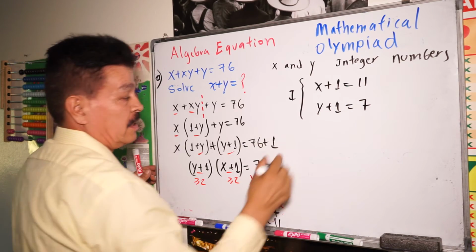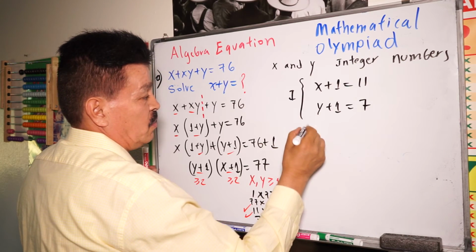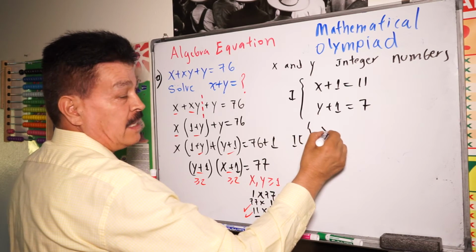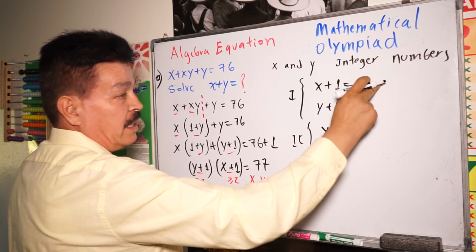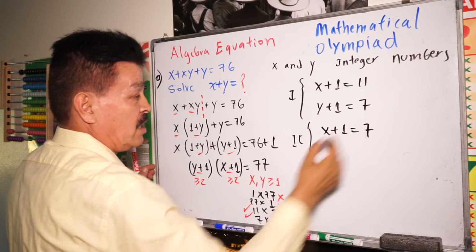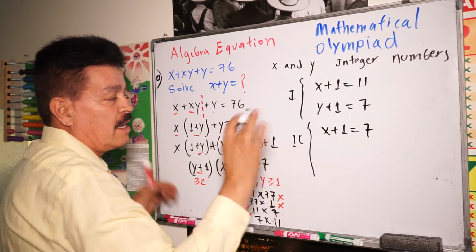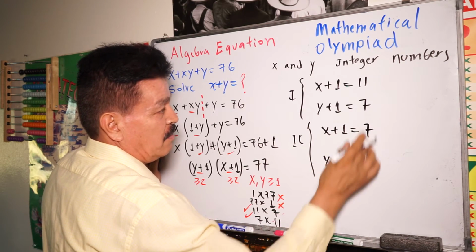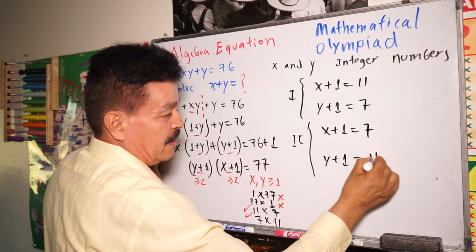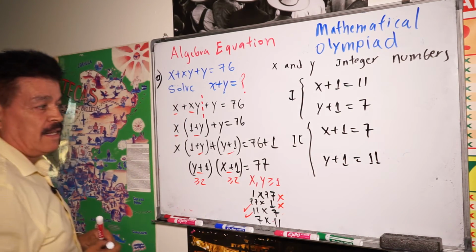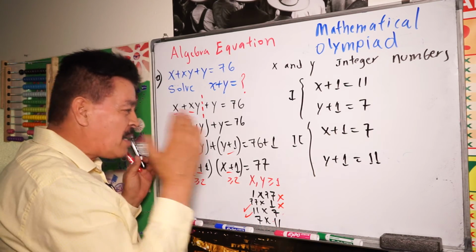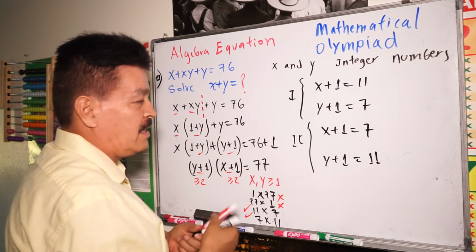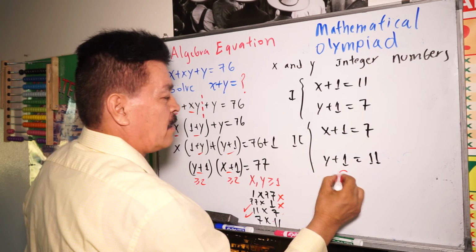And the second option is the same thing, but inverse: x plus 1 equals 7, and y plus 1 is now 11, right? So we have to be smart in this. Be creative and try to find the right answer. Okay, after this, we are ready to solve.